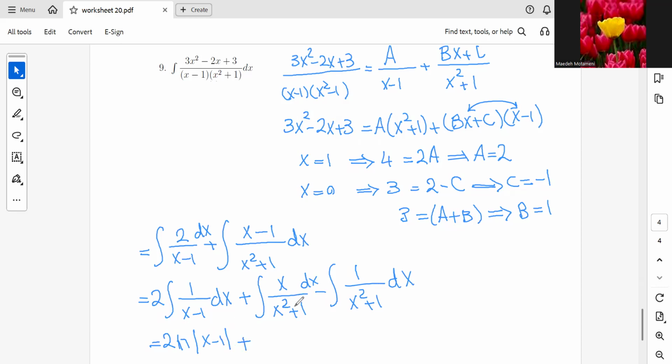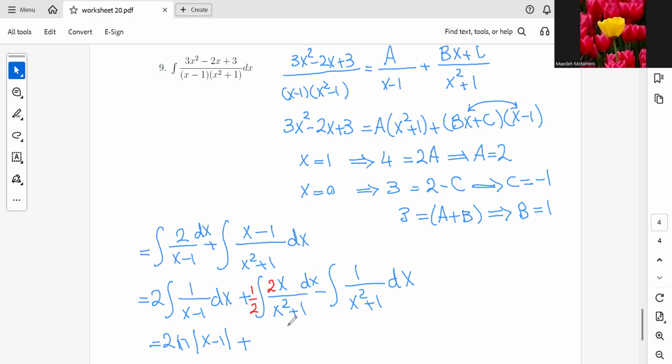And the second one, let's do it this time with another, faster way. We know that the derivative of the denominator, which is x squared plus 1, is 2x. So if we have a 2 here, the answer for the integral will be ln of the denominator. But we are not allowed to change the question, so we would write 1 over 2 here to compensate for that.